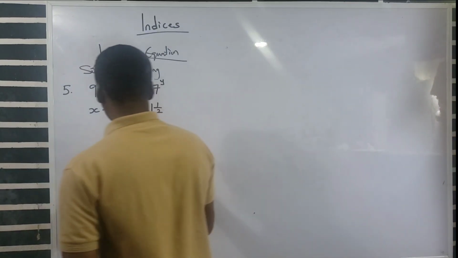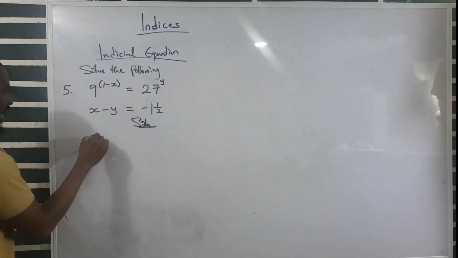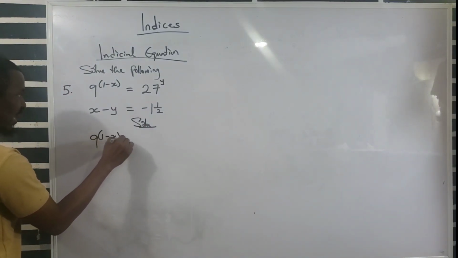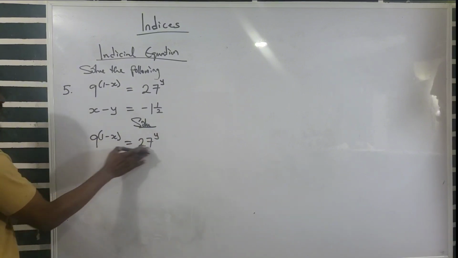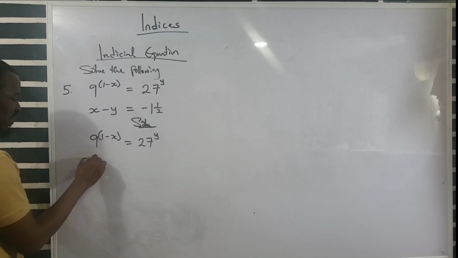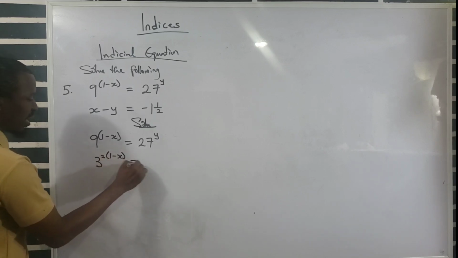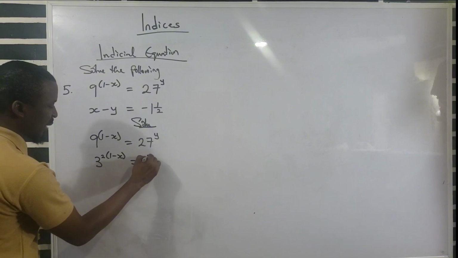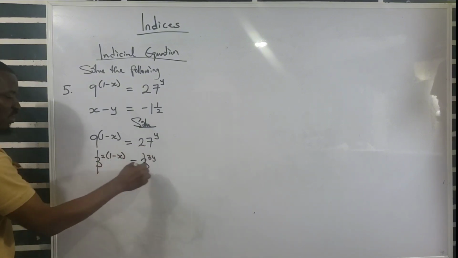So solution, this one here, 9 raised to 1 minus x equals 27 raised to y. We can express them in lowest base. So that will give us 3 raised to power 2 into 1 minus x equals 3 raised to power 3y. Okay. So this and this will go.